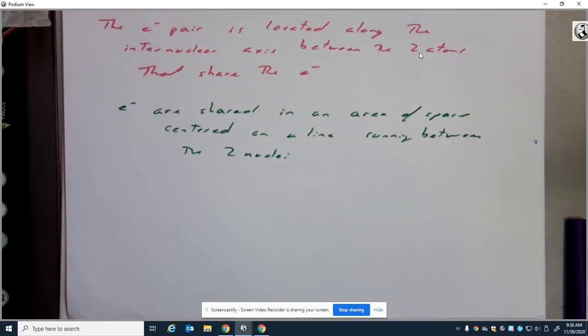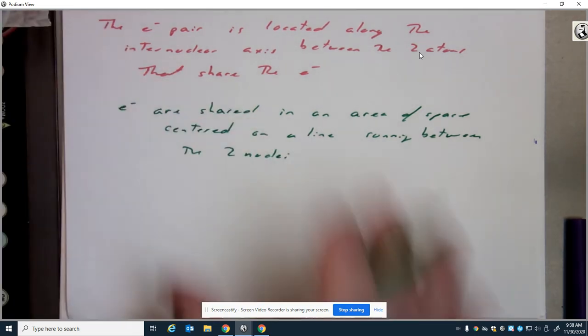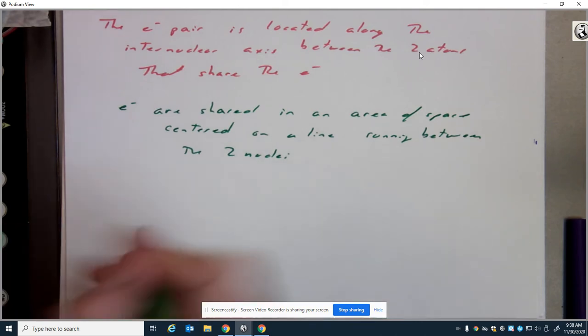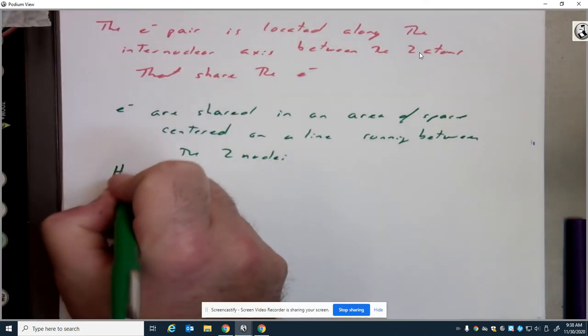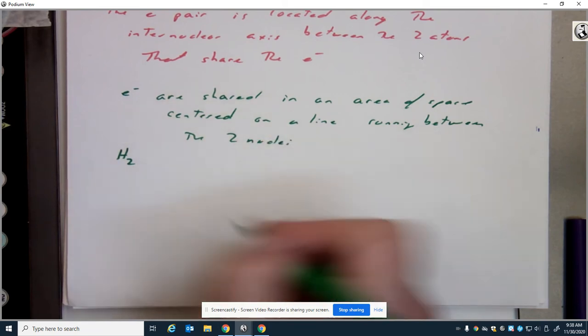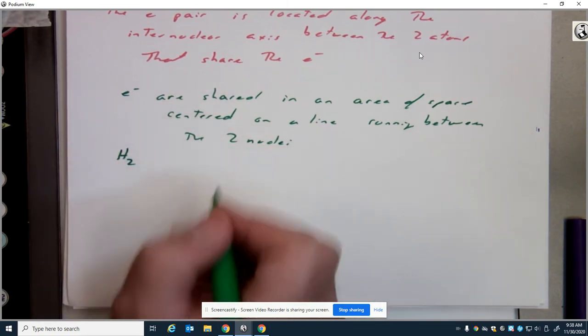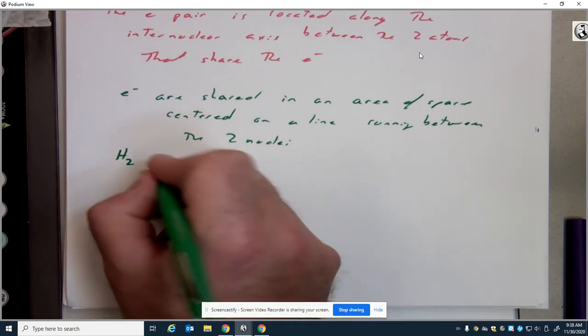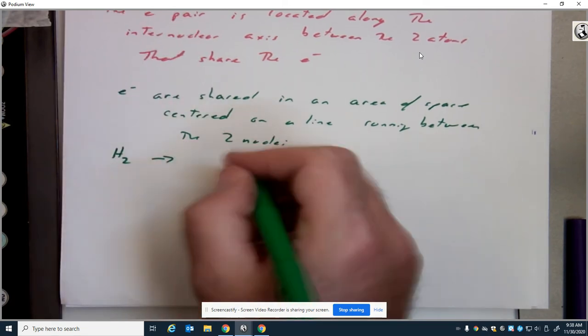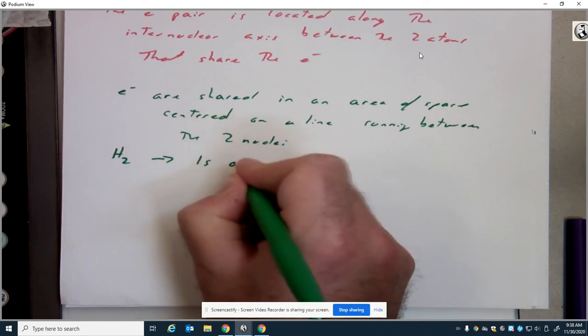So let's say that we have, let's look at diatomic hydrogen. Right, so each one of these has an s orbital. That's where their valence electron is in the 1s orbital.